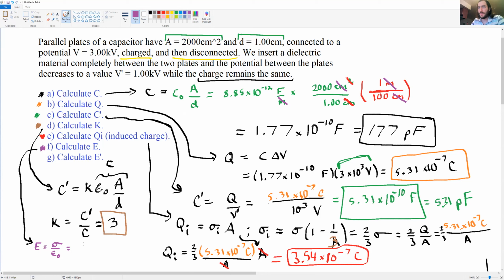Well, sigma, again, is Q over A. And we know what Q is. We have it in orange. So it's going to be 5.31 times 10 to the negative 7 coulombs. We're going to divide that by epsilon naught, which is 8.85.